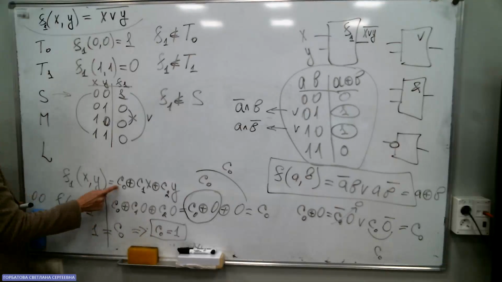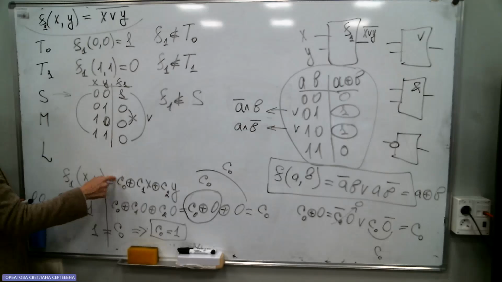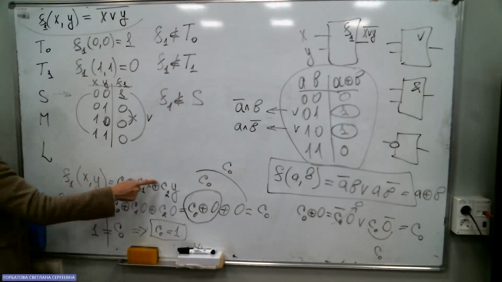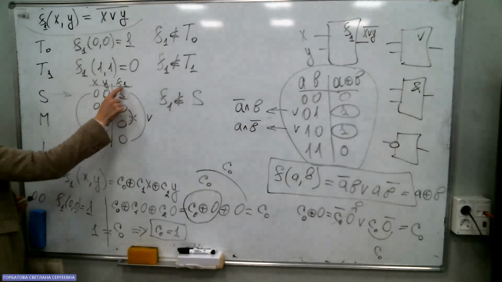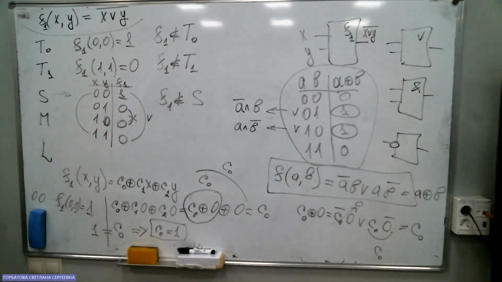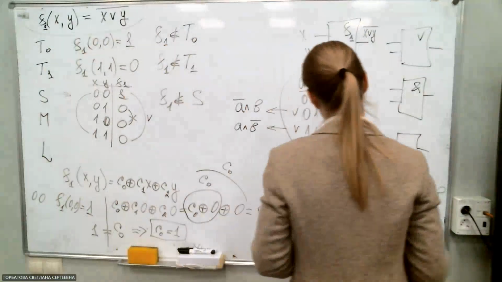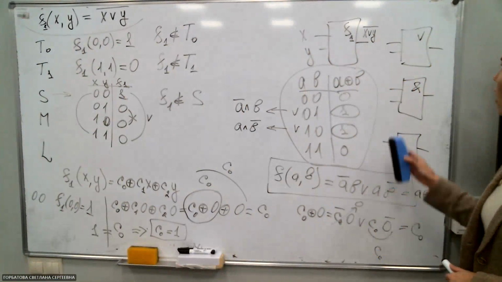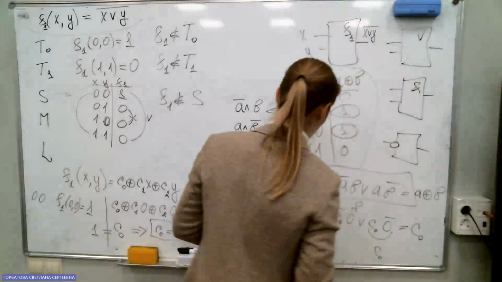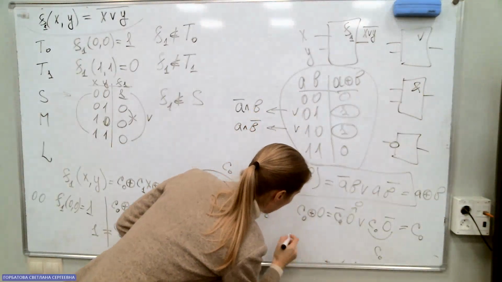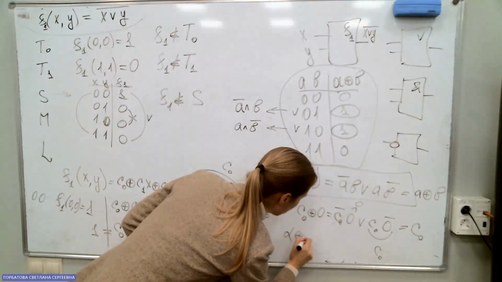So we found the first C for this expression through the point 0, 0. Okay, let's find alpha plus modulo 2 1.